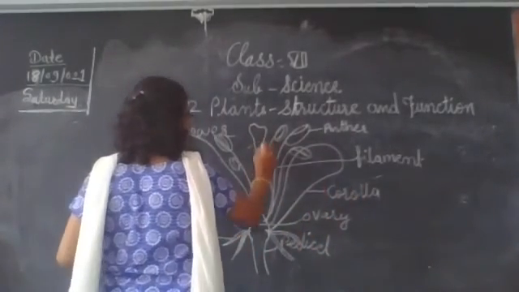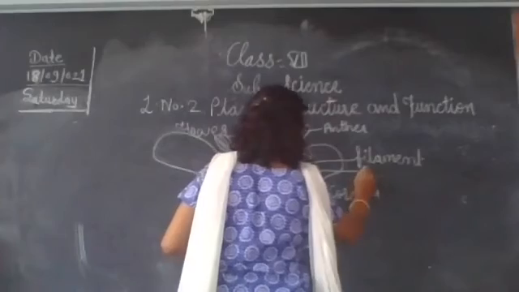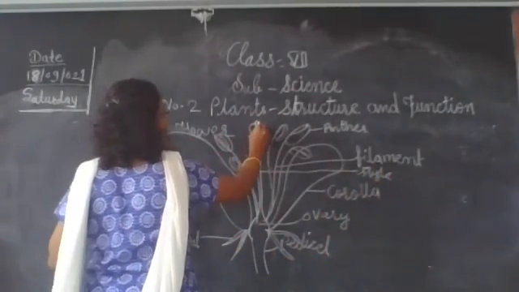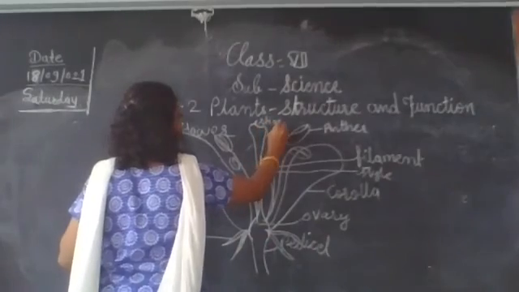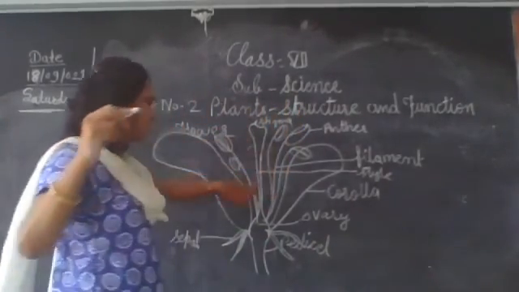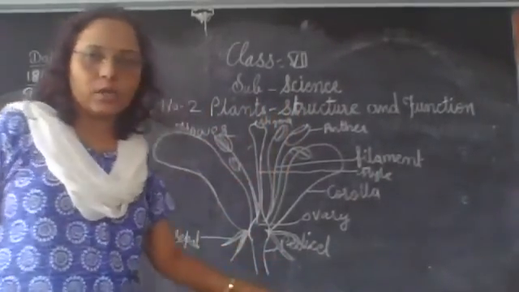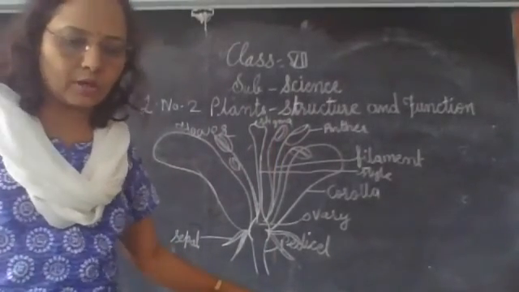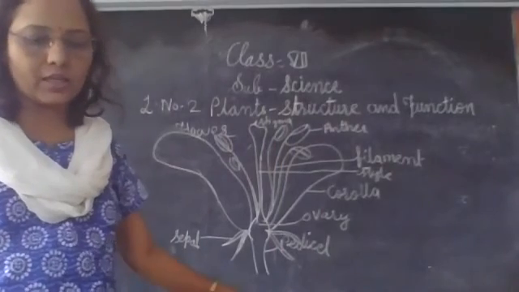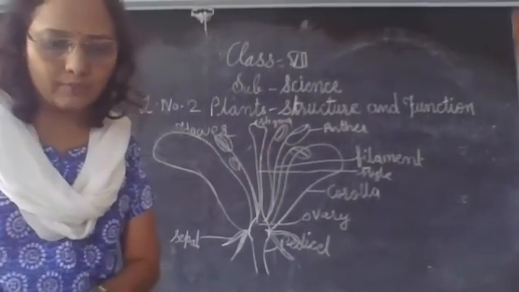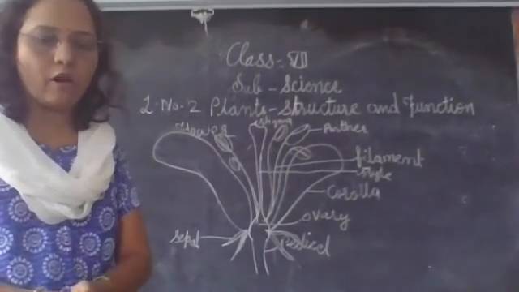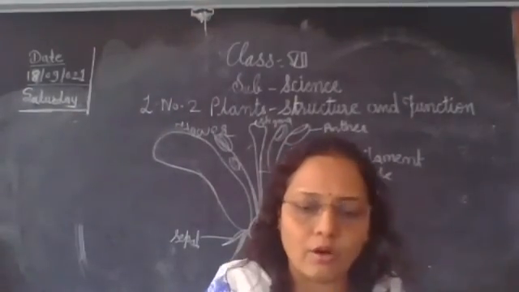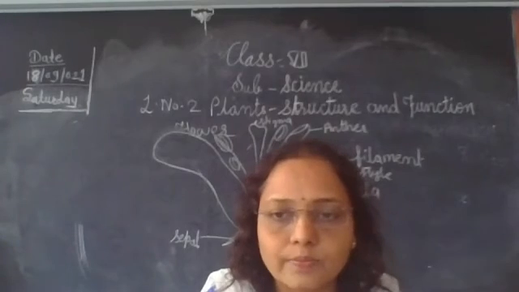Then here the style, the stalk. And uppermost is the stigma. The whole portion is called the gynoecium. After maturity, the anther bursts and the pollen grains which are released fall on the stigma, and then germination and formation of fruit take place.